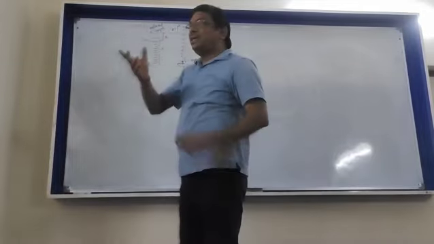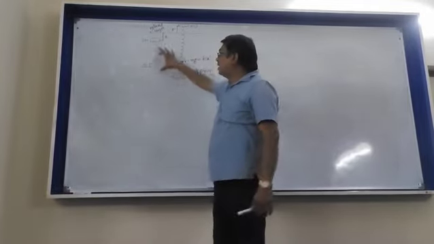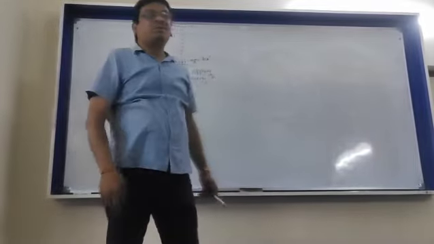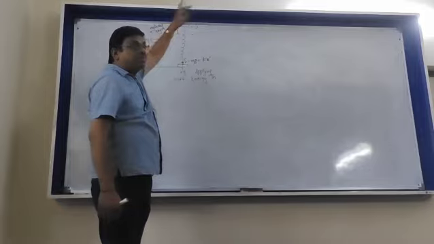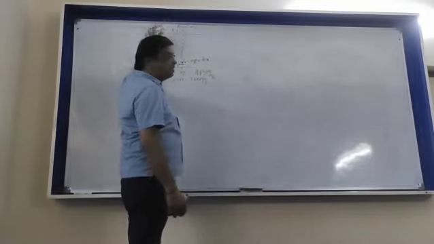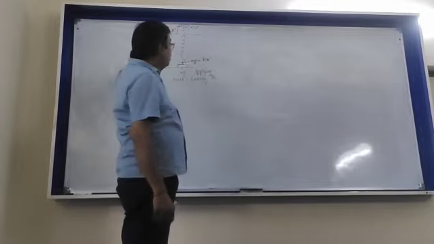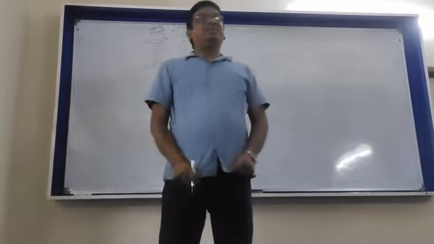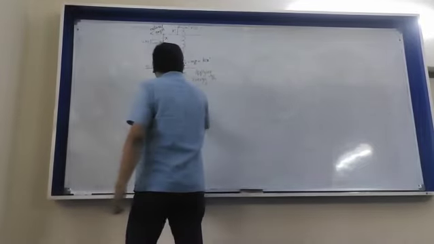So there is a gain and loss of potential energies: elastic potential energy in the spring and gravitational potential energy in the block. Since the block has gone up, its potential energy has increased. So the increase in gravitational potential energy of the block, that is mgh, should be equated to the loss in elastic potential energy of the spring. So I'll write it here.